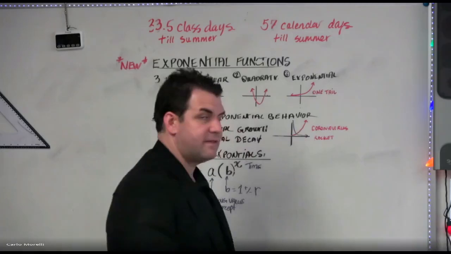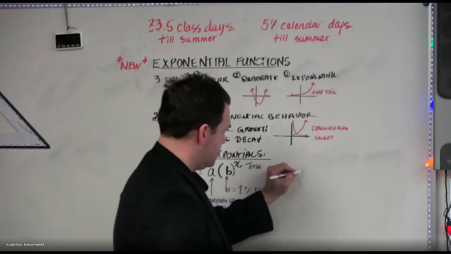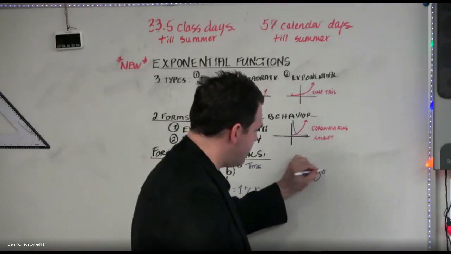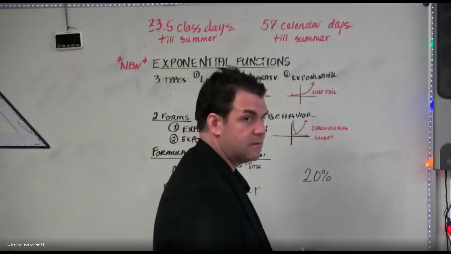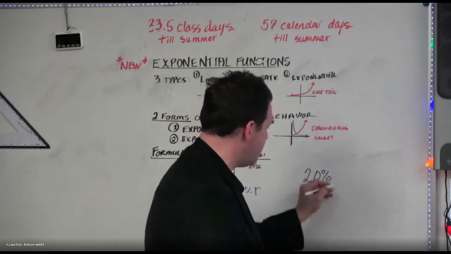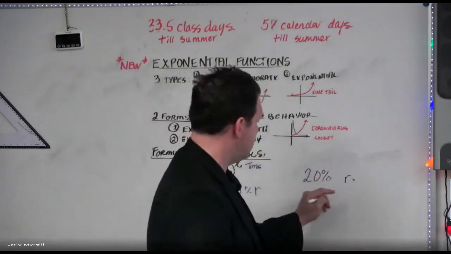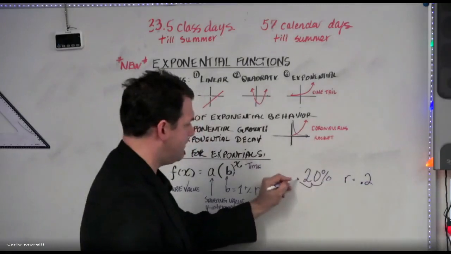And now we're going to do decay. So I'm going to say that something is decaying by 20% every year. It's decreasing by 20% every year. So what's R? R is just the same thing, 0.2, right? Because I went whoop, whoop, 0.2.